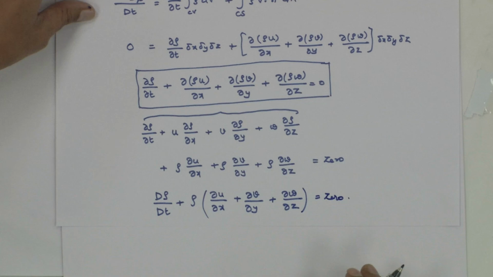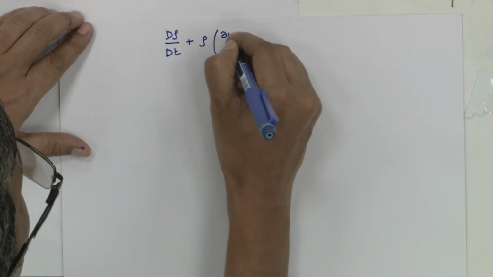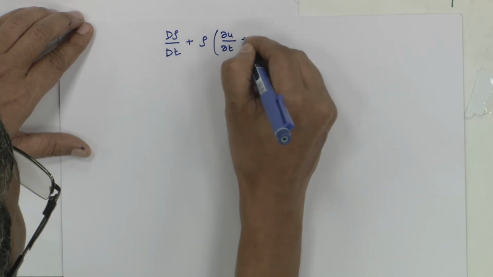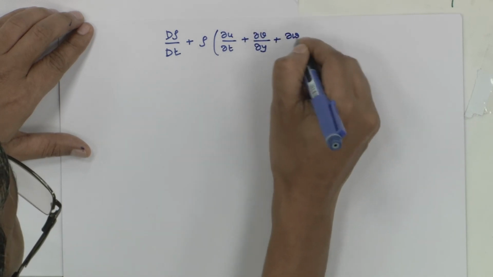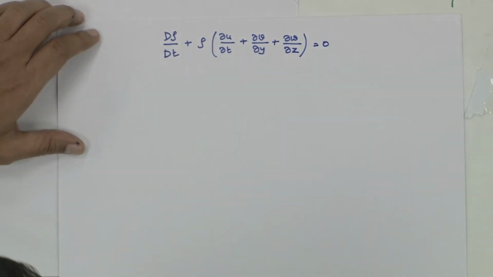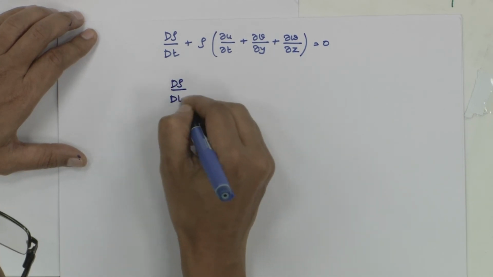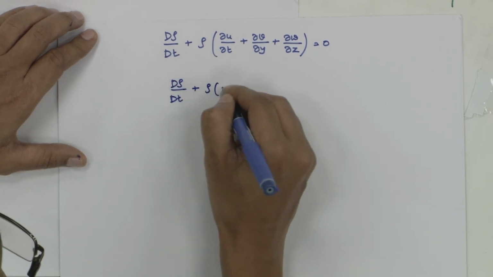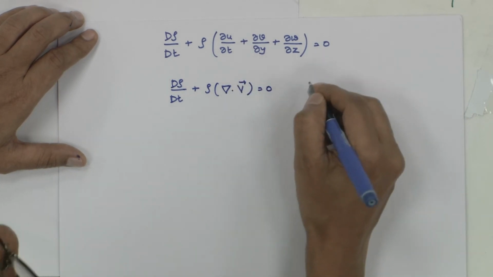So what did I get? D rho by dt plus rho of del u by del x plus del v by del y plus del w by del z is equal to 0. People also remember this as d rho by dt plus, vectorially, rho of del dot v equal to 0.